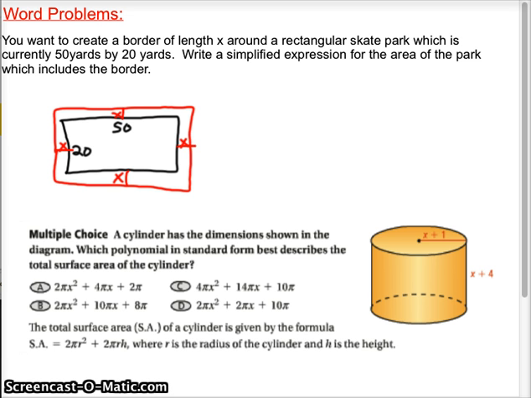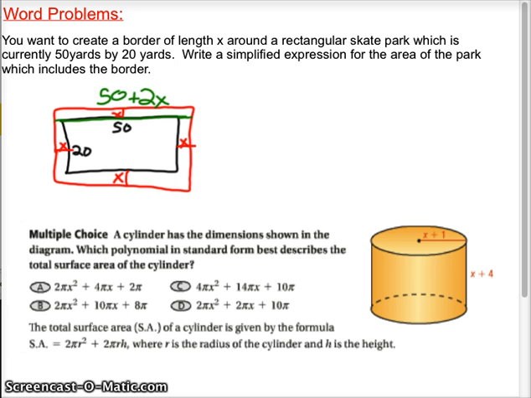So this new border, well, what's it doing? Well, you can see along the top you have that original 50 right here, but now you also have x and x. So the full length is going to be 50 plus 2x.